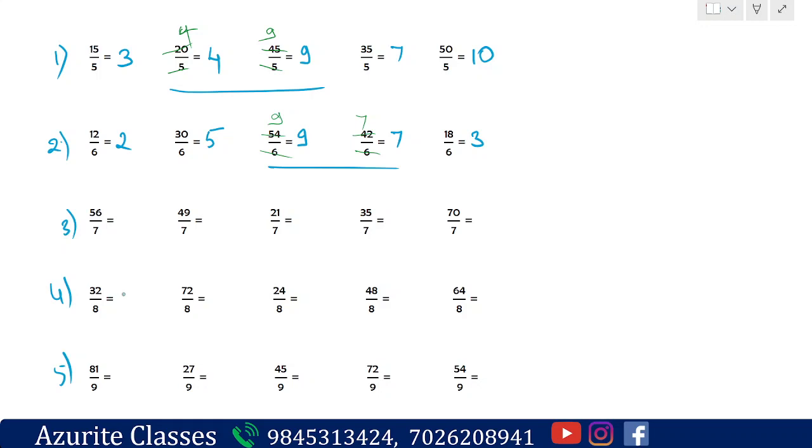Good. Very good. So explain these two questions. How did you do? 8 eights are 64. So the answer will be 8. Very good. Next, roll number 5.